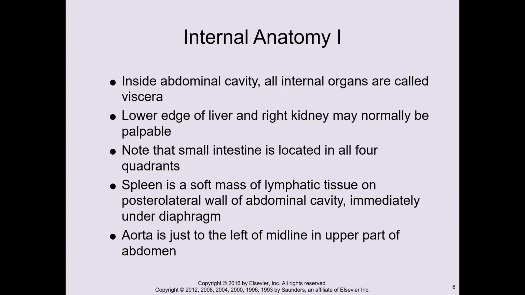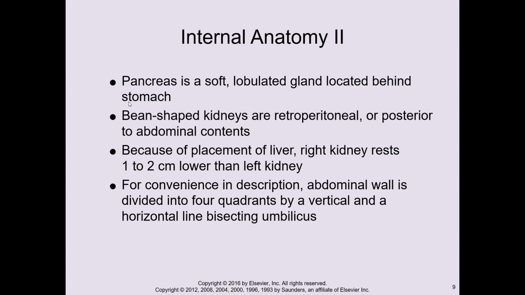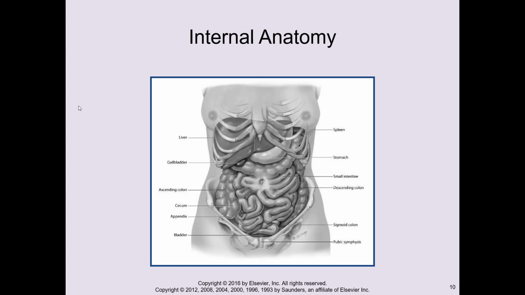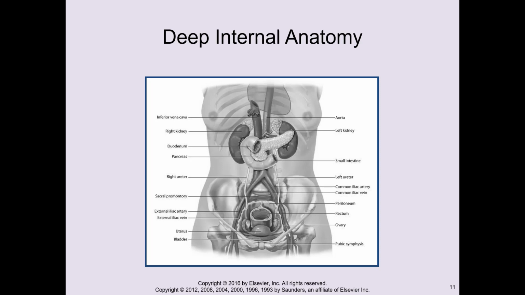I'm going to skip through a lot of this because I am assuming that you are smart enough to go and find your own anatomy. This is a good picture. It gives you a basic idea, but review your anatomy.